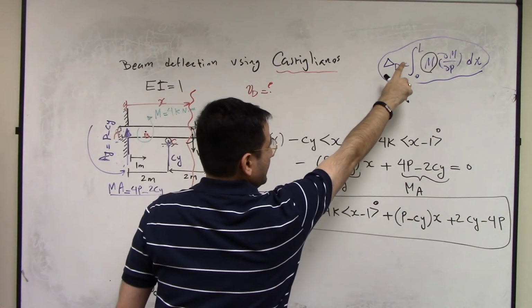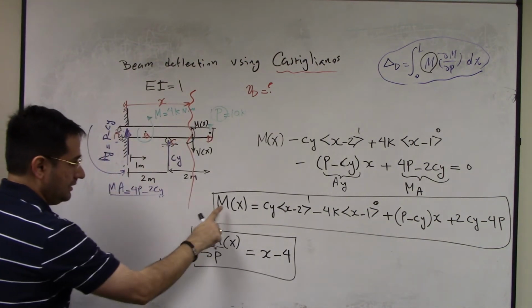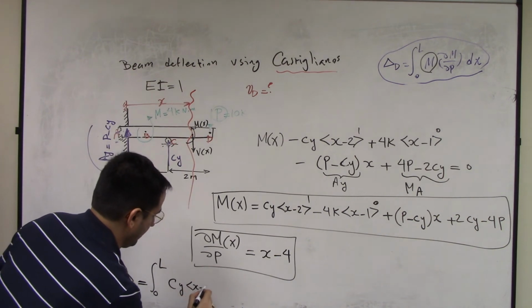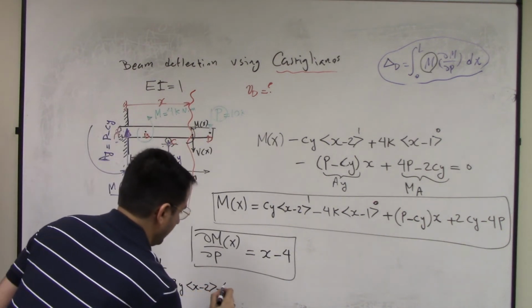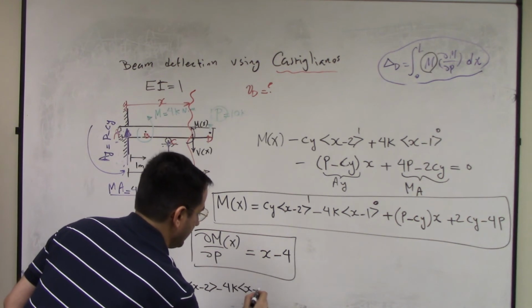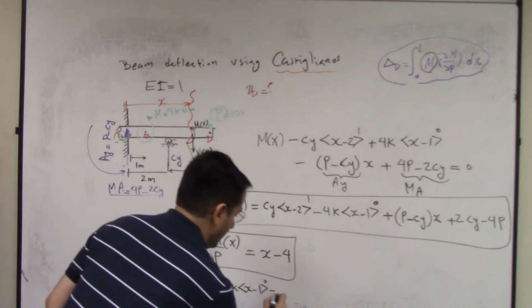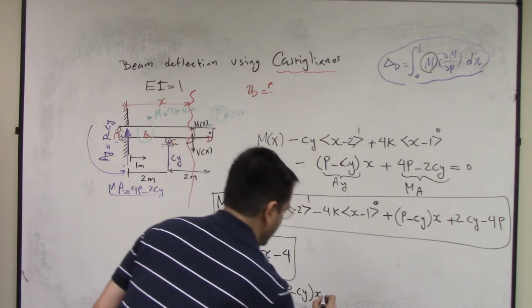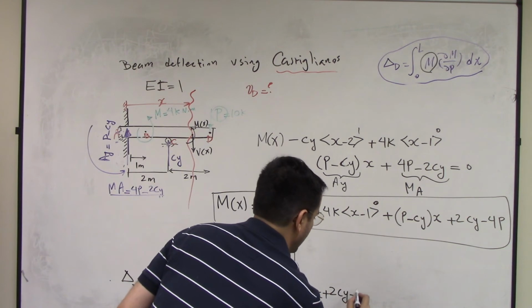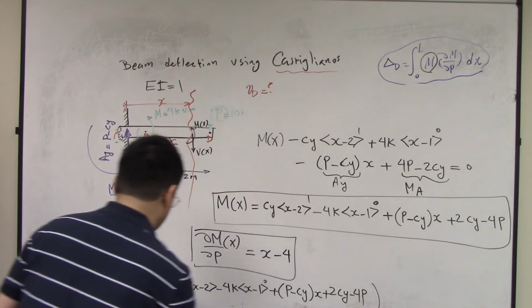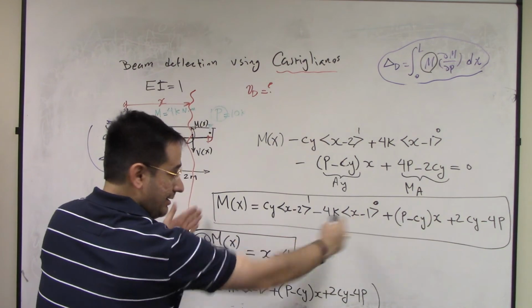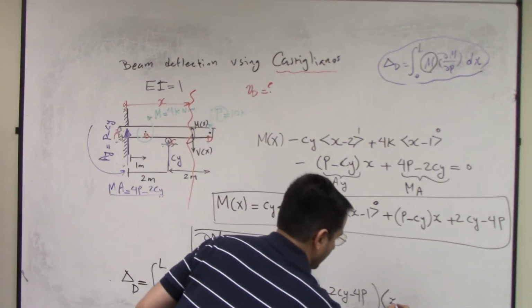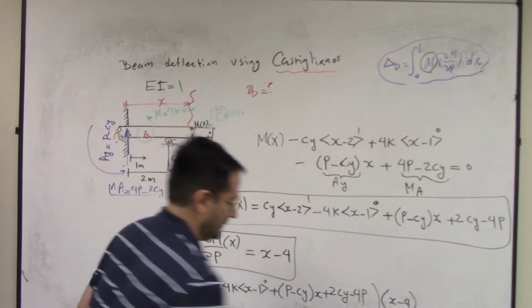The deflection D is the integral from 0 to L of this term, Cy times (x minus 2) minus 4k times (x minus 1) to the power 0, plus P minus Cy times (x plus 2Cy) minus 4P, this M times the derivative with respect to P, times (x minus 4) dx.